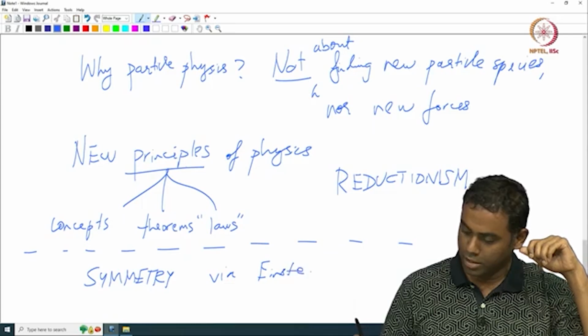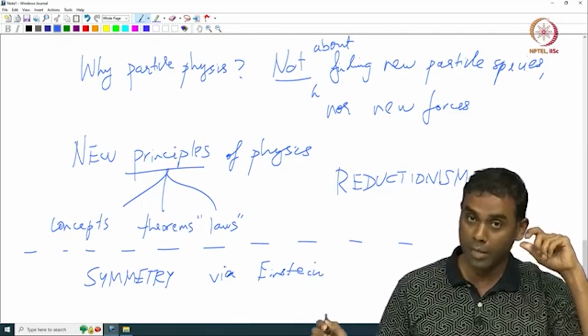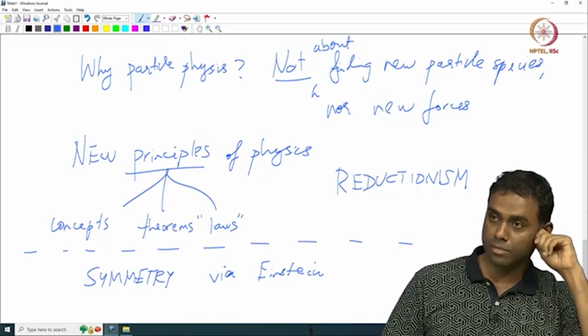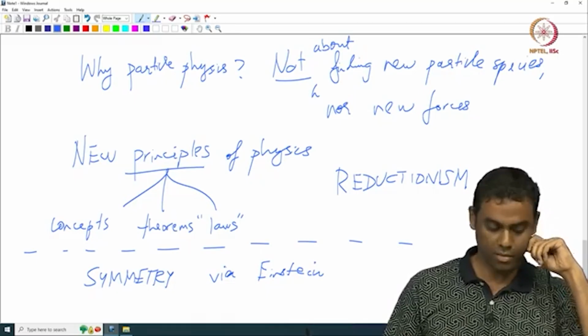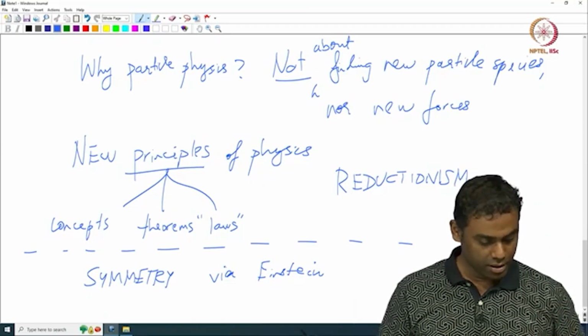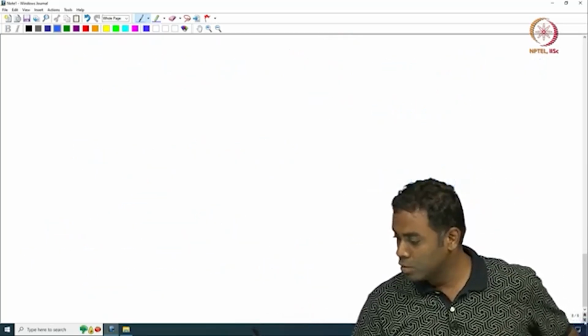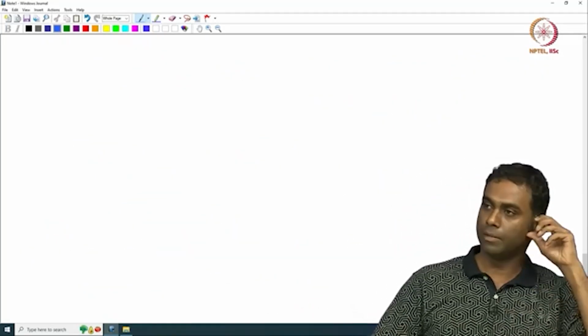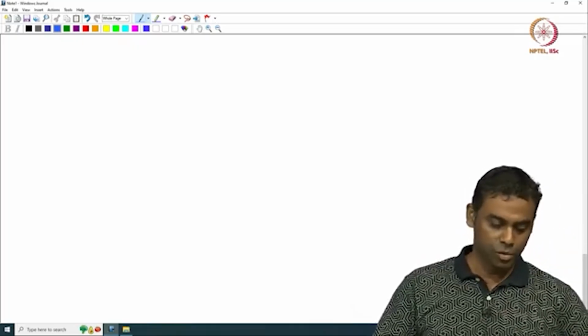So in the last 120 years, this is one of the main guiding principles in particle physics, identifying newer and newer symmetries. All right. So let's look a little bit into what we mean by symmetries exactly.